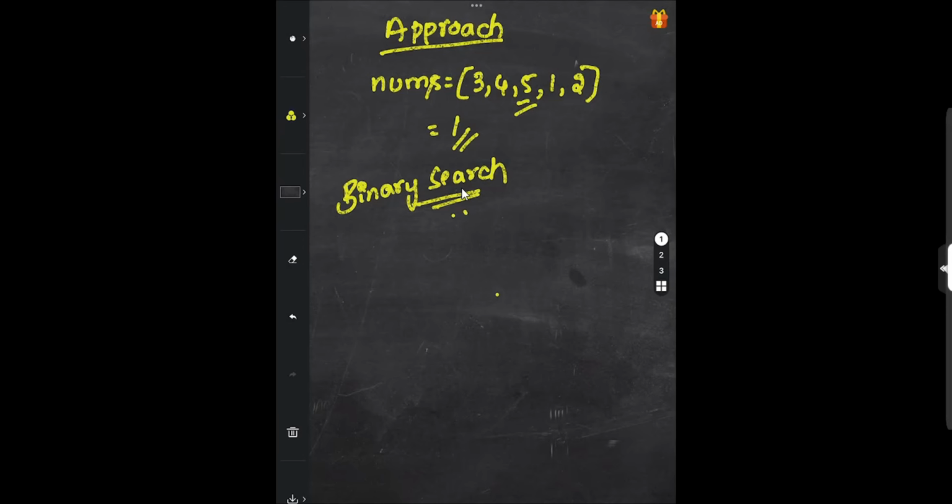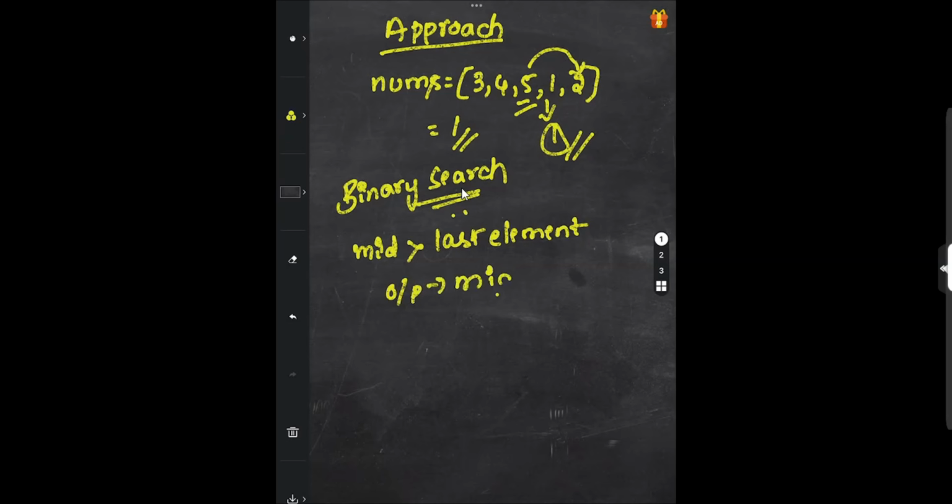If the mid element is greater than the last element, then the element next to the mid element will be the least element, in this case 1. So the output will be 1. So if mid is greater than the last element, then the output will be mid plus 1, the element next to the mid.